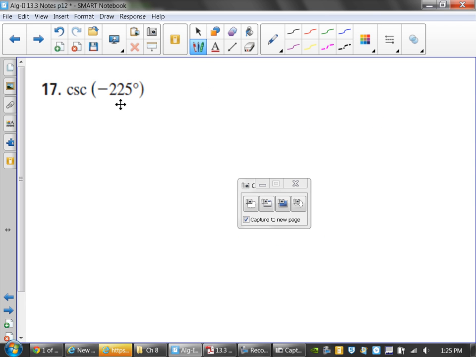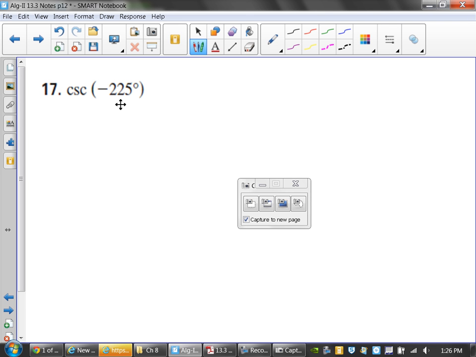Cosecant of negative 225. If you're working with the reference angle, without doing any work, what do you think the reference angle is going to be here? 45. Why? It ends in a 5.